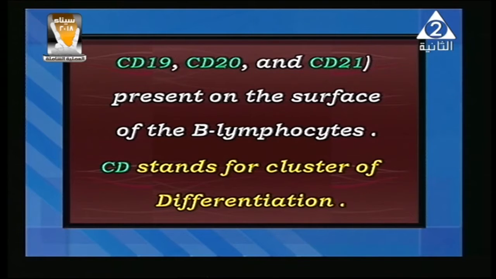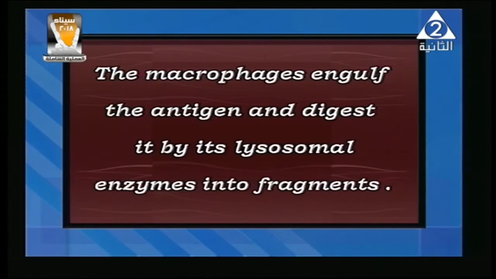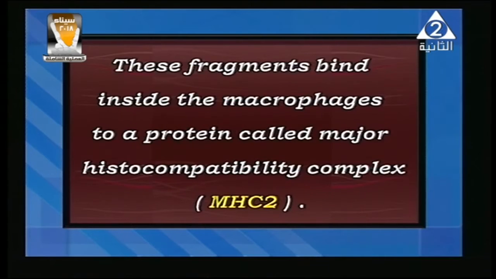After attachment and the clusters of differentiation, the macrophages engulf the antigen and digest it with the lysosomal enzymes into fragments, or very tiny pieces. These fragments bind inside the macrophages to a protein.